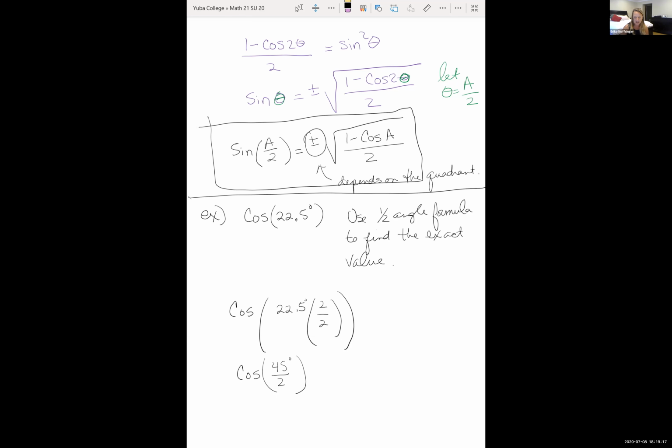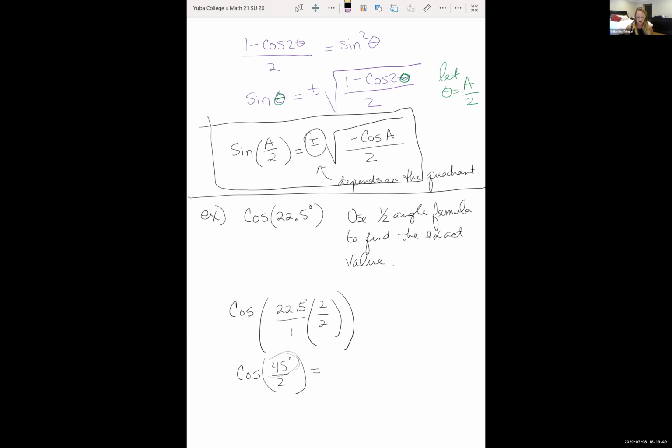And in order to get a half angle identity, it has to look like something divided by 2. So I can manipulate this 22.5 to be over 2 by multiplying by a fancy 1, 2 over 2. That gets me a 2 in the denominator, which I need in order to use this half angle identity. Plus it makes my numerator an angle I know. Okay.